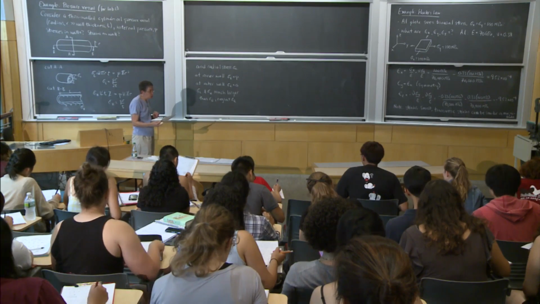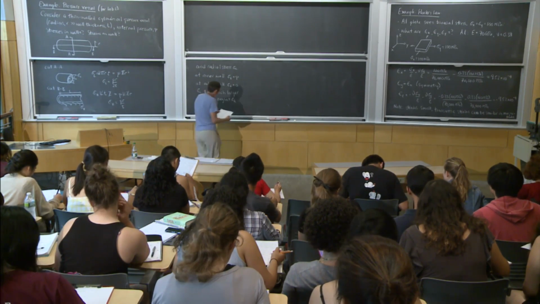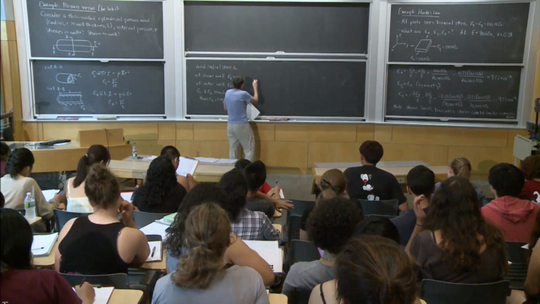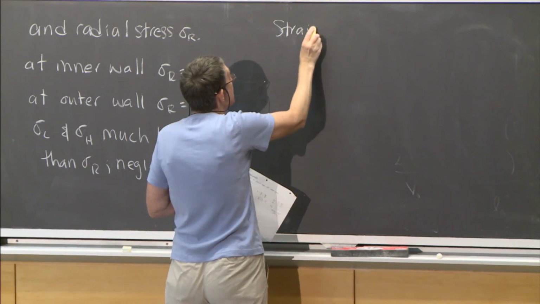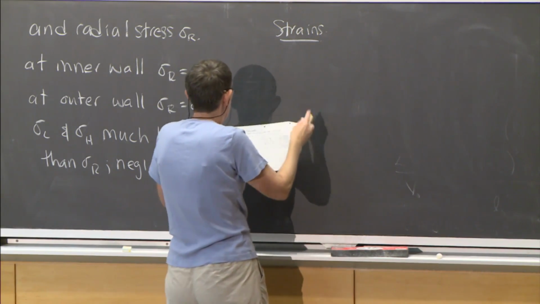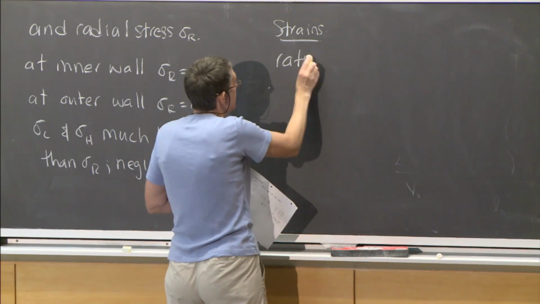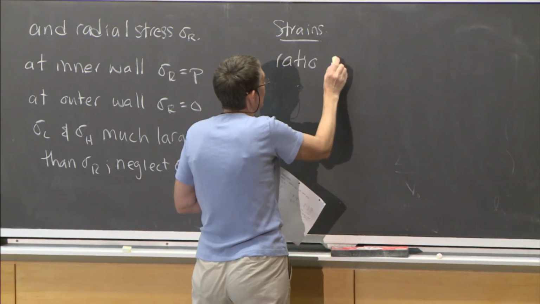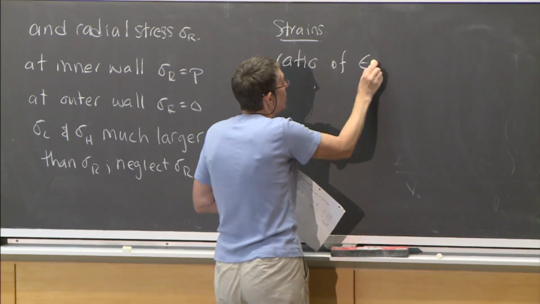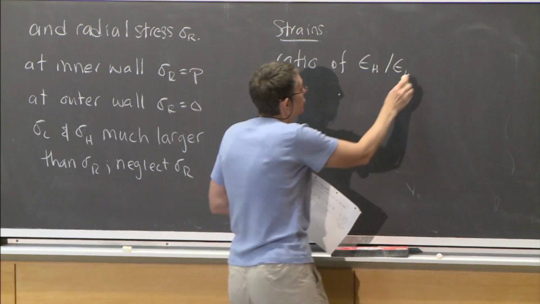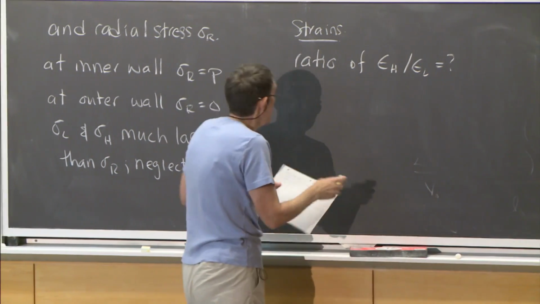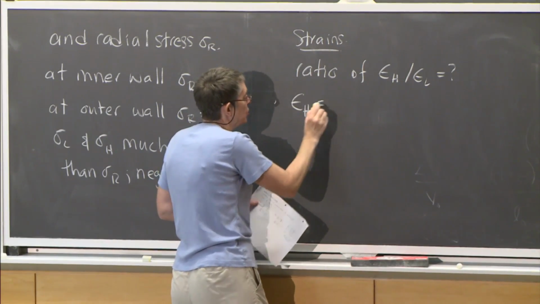So the last thing I want to do is to calculate the strains. In particular, I'm interested in the ratio of the hoop strain to the longitudinal strain. We can get these strains by just using Hooke's law.